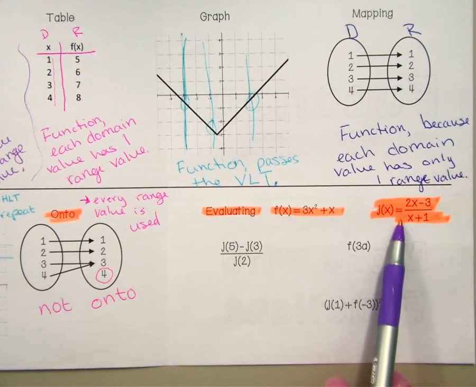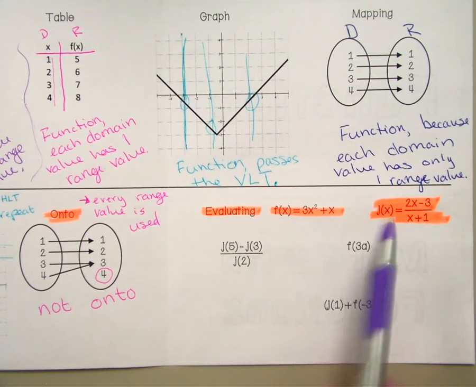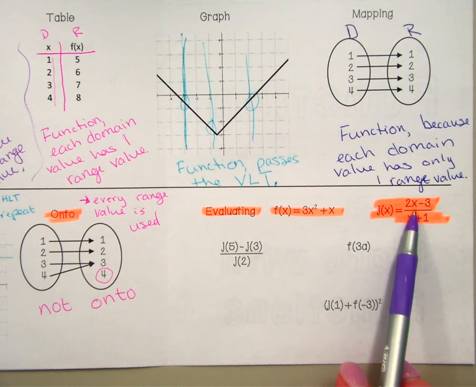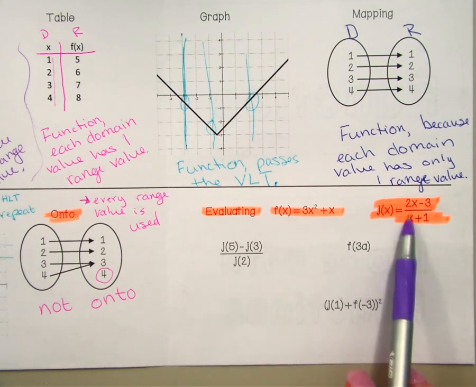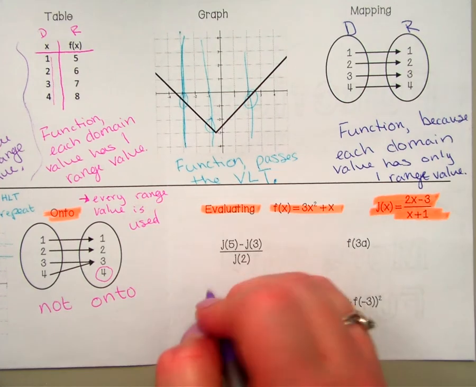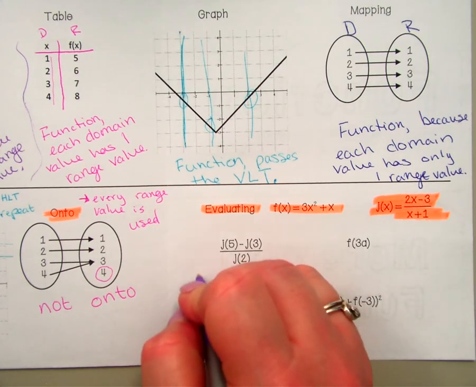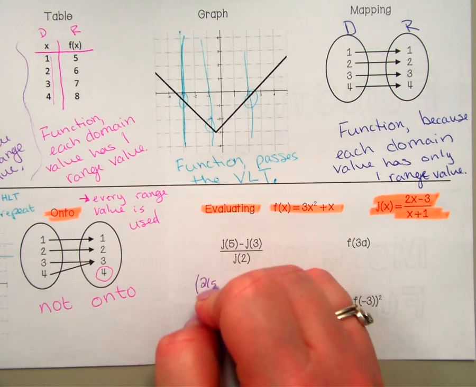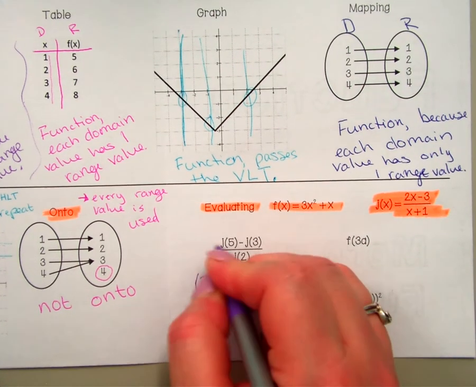I'm using this function here for the entire thing. I'm going to plug a 5 in, then a 3, and then a 2. So plugging in the 5, it's going to be 2 times 5 minus 3.